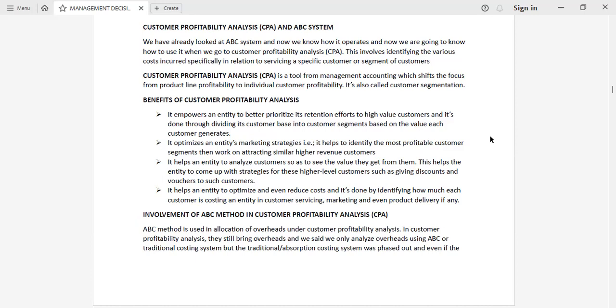And that helps the entity to come up with strategies for their high-level customers, such as giving them discounts and vouchers. What that means is that if you know these customers have been loyal to the company, they have been buying all the products, and even if the quality turns out to be not all that right, they don't over-complain, you can develop a marketing strategy that rewards those customers that have been loyal to the organization. Maybe by giving them discounts on their next purchases, or providing after sales service like transporting the goods to their premises.